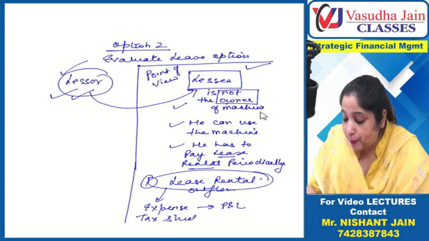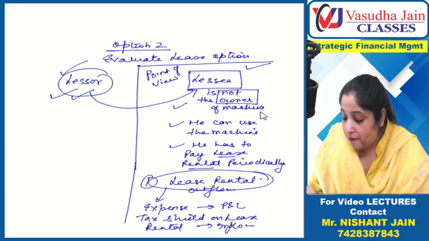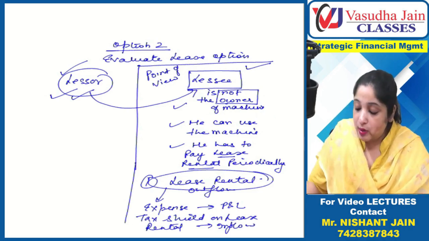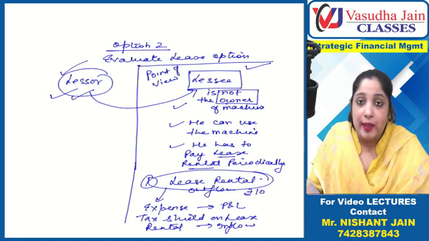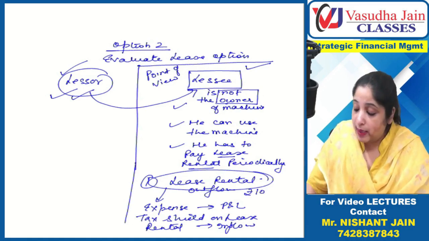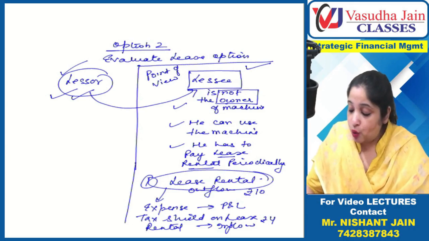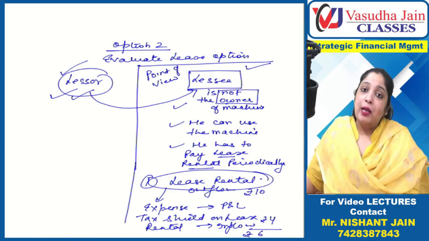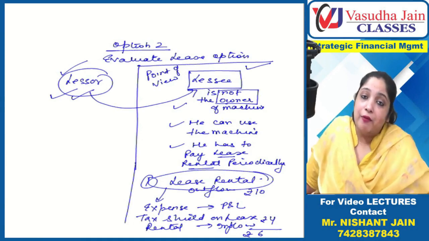Tax shield on lease rentals is to be considered. That will be an inflow. So effectively there will be less outflow. Supposing there is 10 rupees of lease rental that you have to pay, but there is 4 rupees of tax saving. So effectively your outflow is only 6 rupees. So you have to show the effective outflow.